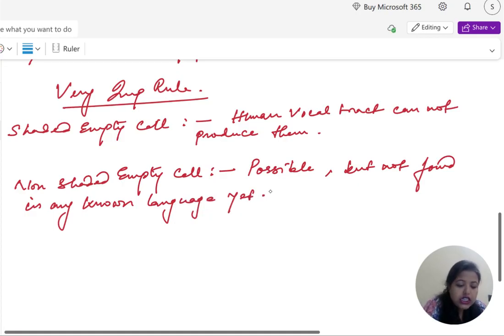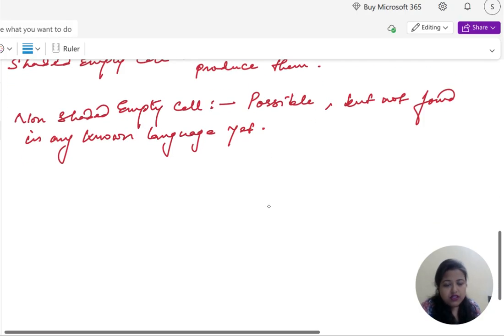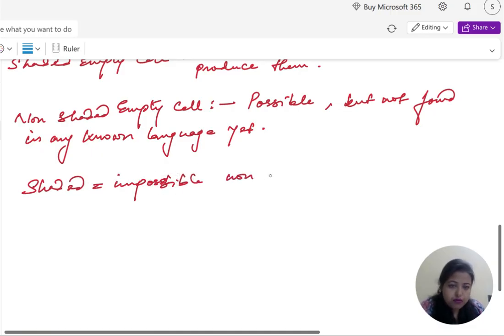So shaded is equal to impossible, non-shaded equal to possible. You have to remember that if we are talking about shaded, it is impossible, and non-shaded is possible. So you can link it with a human being also: if a person is quite shady, then it's impossible to understand that person, and if not, then it's possible.